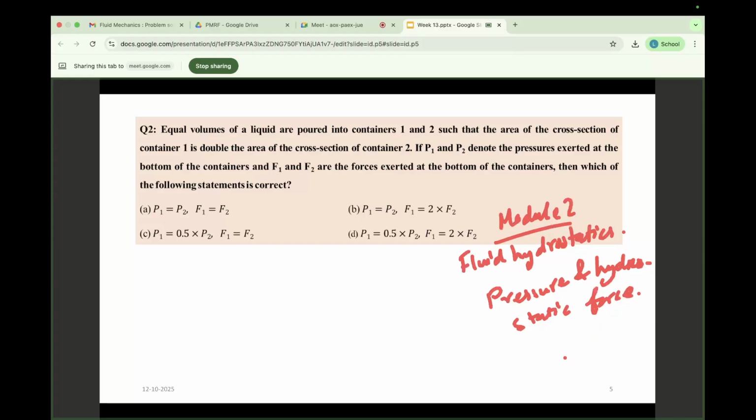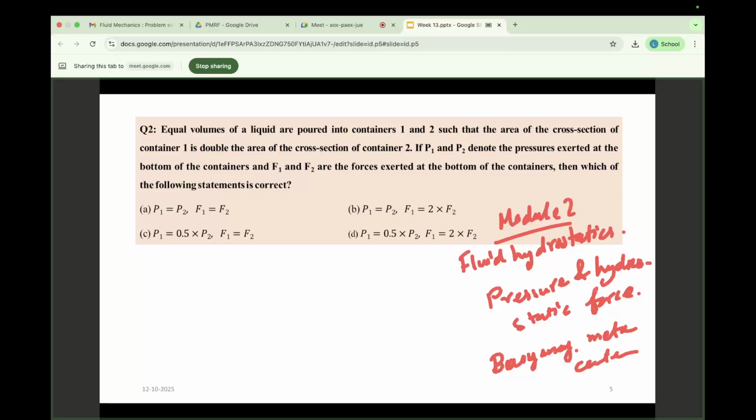Also buoyancy, metacenter, and all these things we have studied.